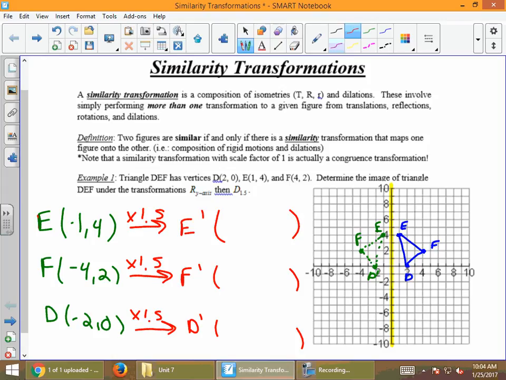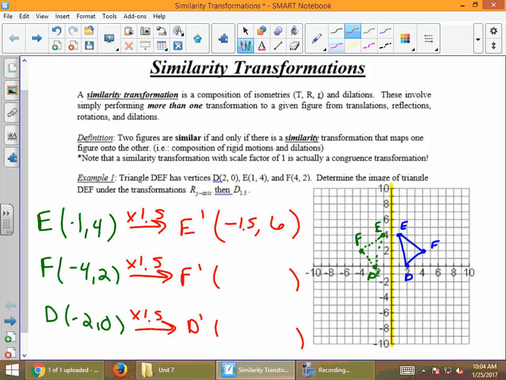Okay? So when we multiply this point, what's -1 times 1.5? What do we get? -1.5. What's 4 times 1.5? 6. Very good.